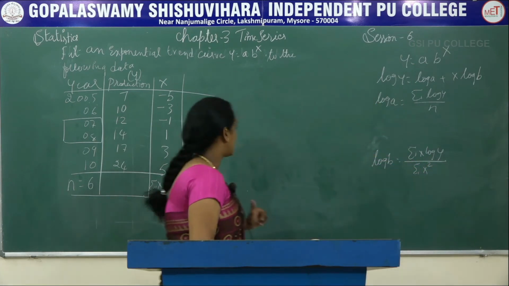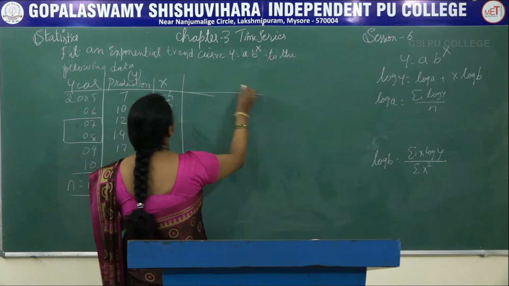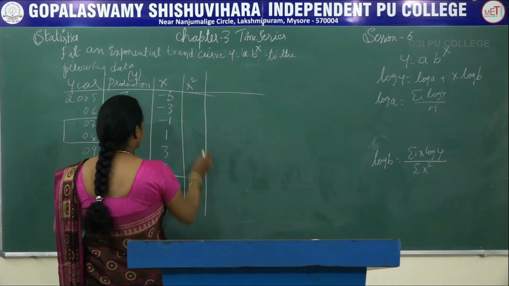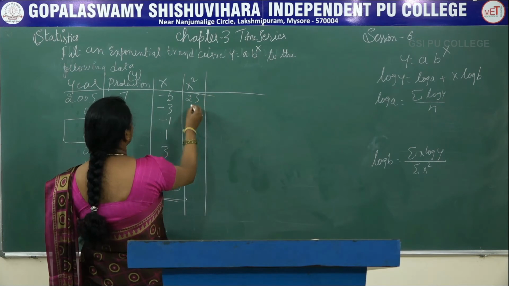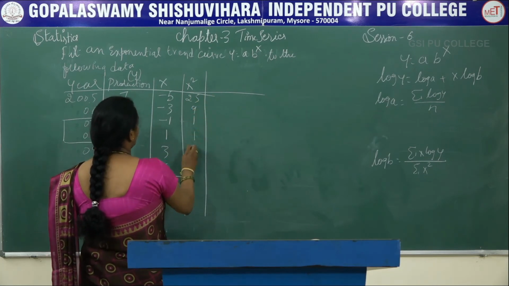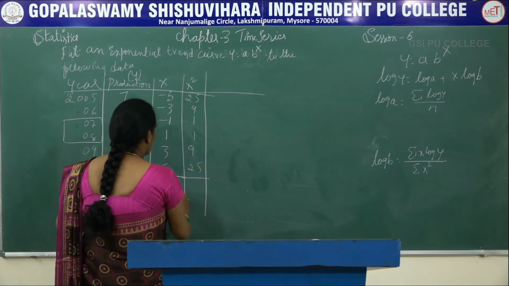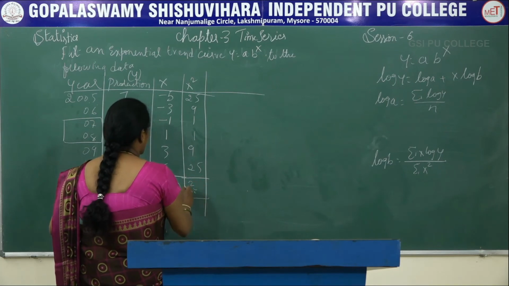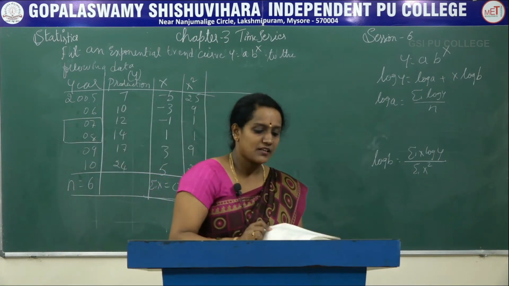Now let us complete the table here. First x square, it is 25, 9, 1, 1, 9 and 25, and the summation of x square is 70.